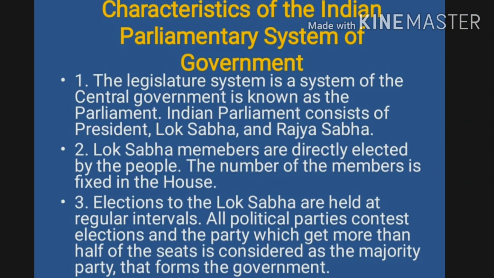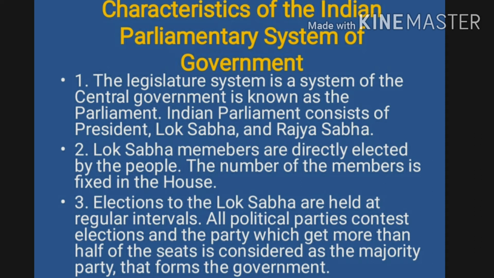Let's learn the characteristics of the Indian parliamentary system of government, so that through these characteristics we will be able to understand our parliamentary system in a better way. The legislature is a system of the central government which is known as the Parliament. The Indian Parliament consists of the President, Lok Sabha and Rajya Sabha.